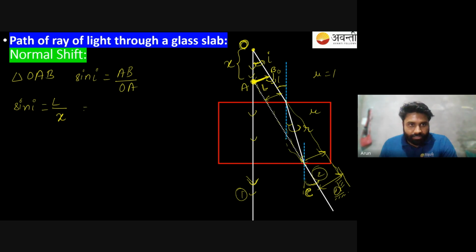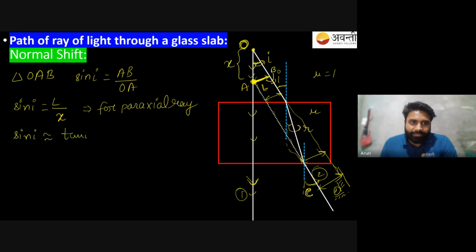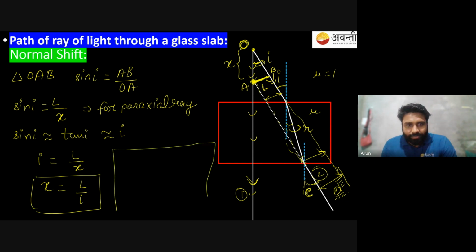For paraxial rays, all these cases are discussed for paraxial rays, this I is very small. So we would consider sin I as approximately tan I, and tan I would be considered as I. So I is equal to L over X. X is nothing but L over I. And we have calculated the value of L in terms of I. So we just put it here.